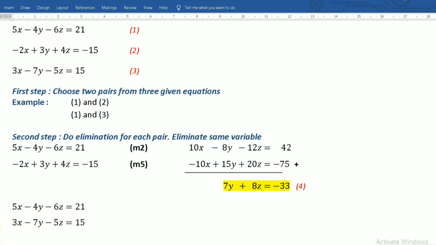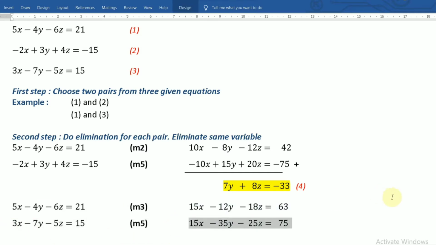So to make the coefficients of x the same, I need to multiply the first one by 3 and the second equation of this pair by 5. Therefore, I will have this as the result of the multiplication. Okay, so I now have equal coefficients of x.